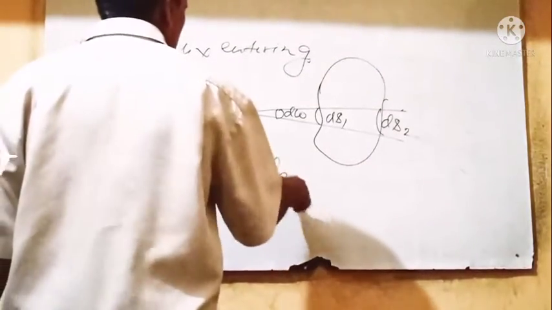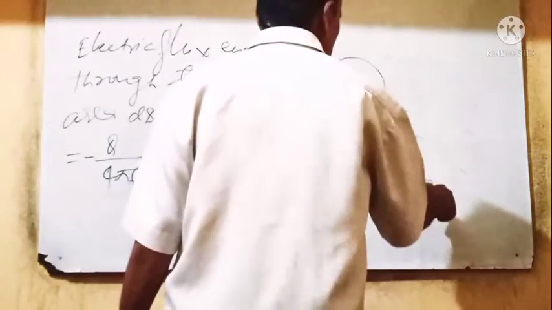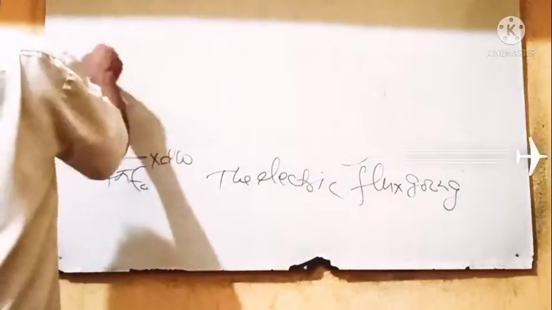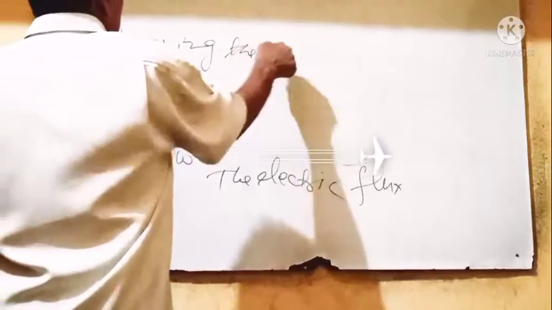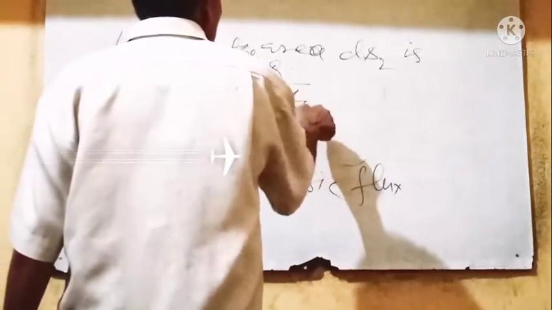The electric flux going out of the surface ds2, the electric flux leaving the area ds2 is given as q by 4 pi epsilon naught and d omega.